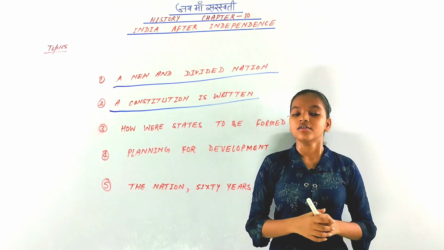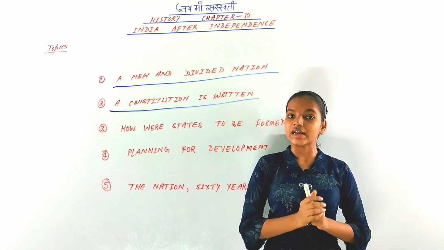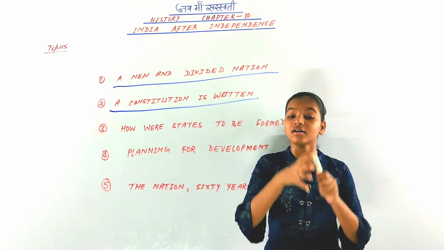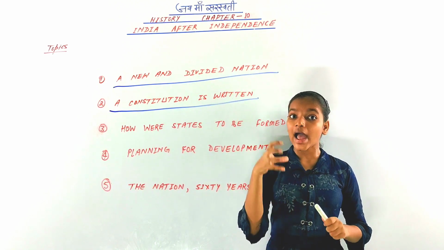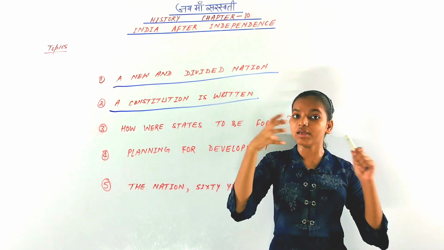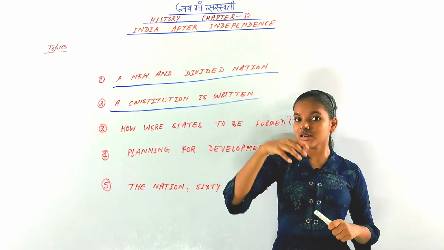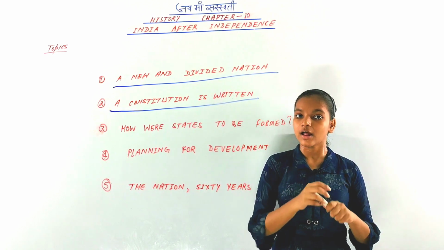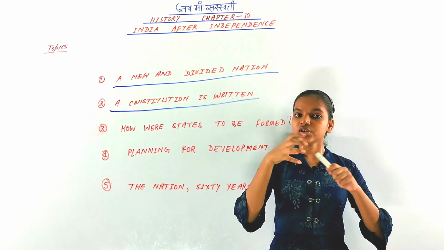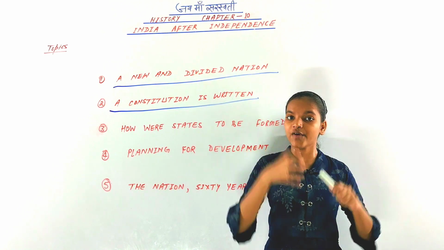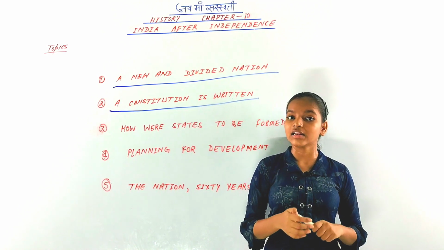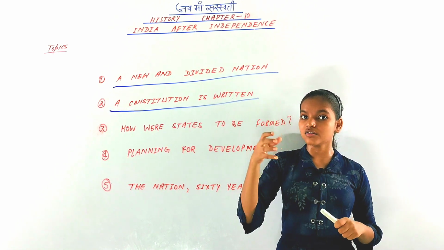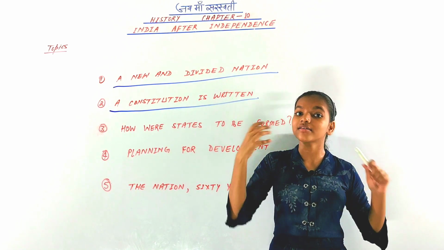The main objective of the Constituent Assembly was to make a constitution for India, and they made it through many debates, because there were many debates over the strategy and over how to govern India. The constitution was made and came into effect on 26th January 1950, and it had many features and laws which advanced India.